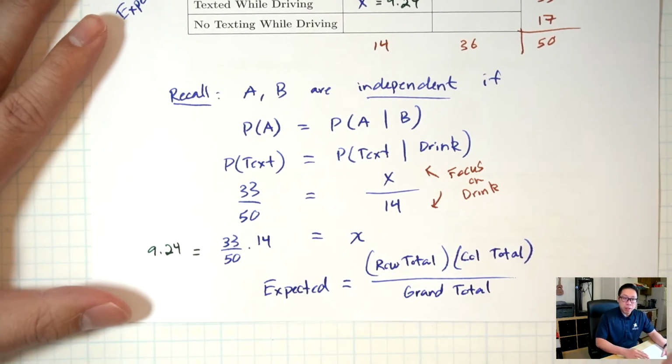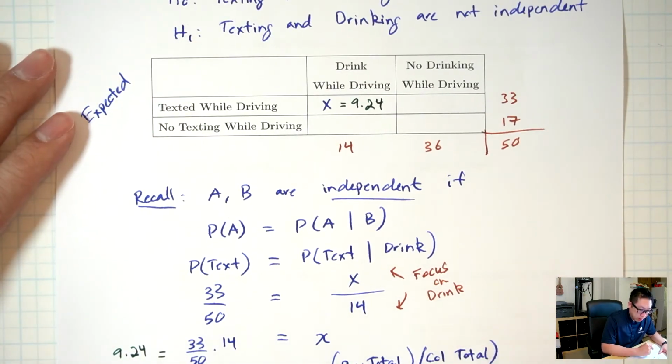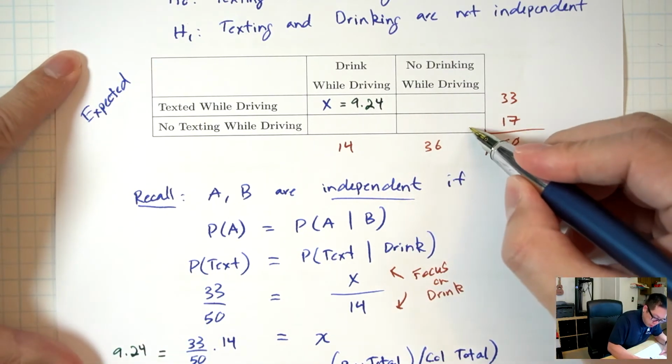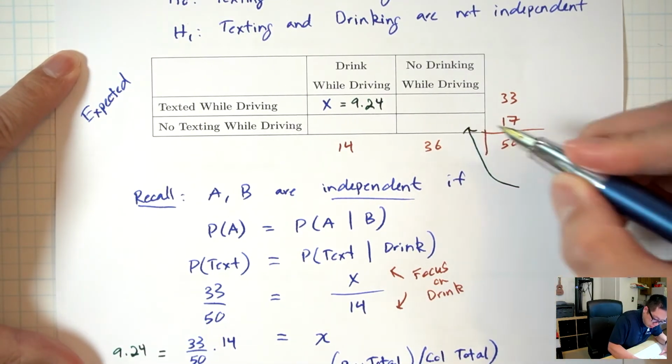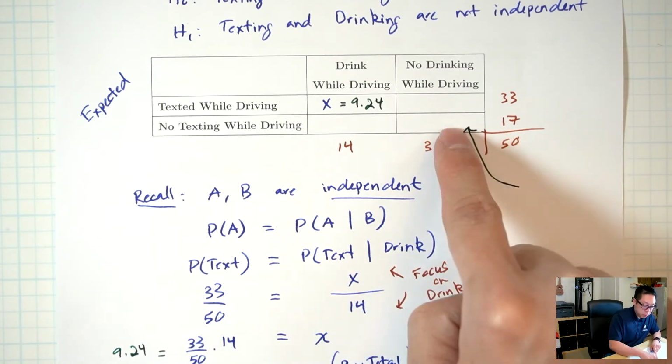Okay, so let's see how we fill in one of these other boxes. Let's fill in the bottom right box. Instead of having to go through the algebra, we can just go row total.